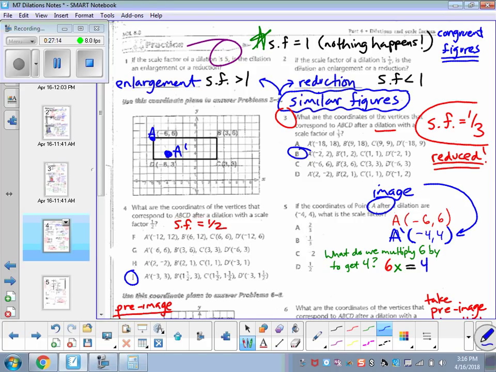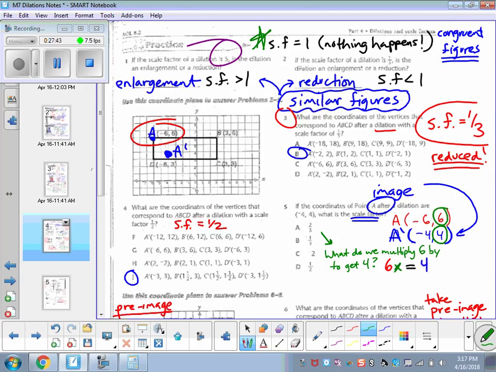And it's asking then, what is the scale factor? Now we know in red, we have the pre-image shape, negative 6, 6. And once again, we know the points are going to go to negative 4, 4. So in green, what I'm asking here is, what is our scale factor? What do we need to multiply that 6 by to get the 4? If we're trying to go from this 6 to this 4, what do we do?